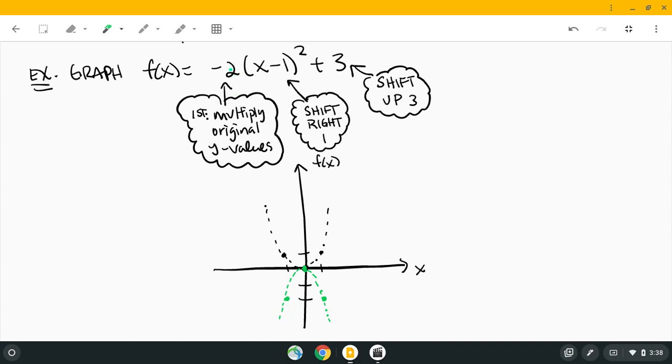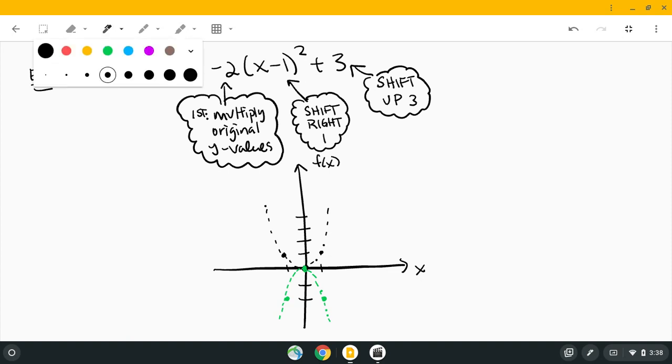Okay. But we are doing more than just multiplying the parent function x squared by negative 2. We are also subtracting 1 on the inside there, and we are adding 3 on the outside here. So now I take this green function over here, and I shift it right 1 and up 3. Let me put some tick marks here.